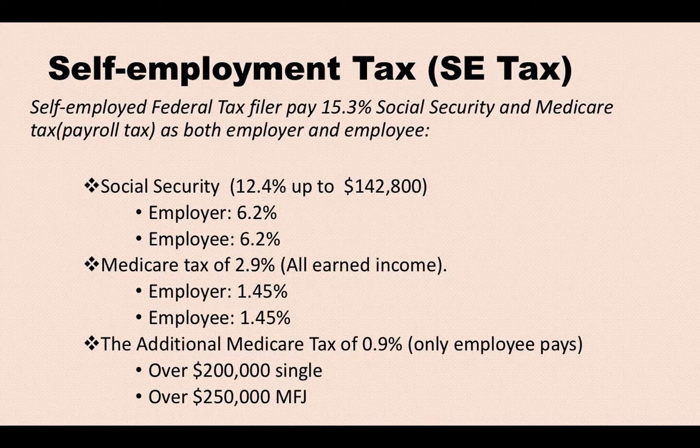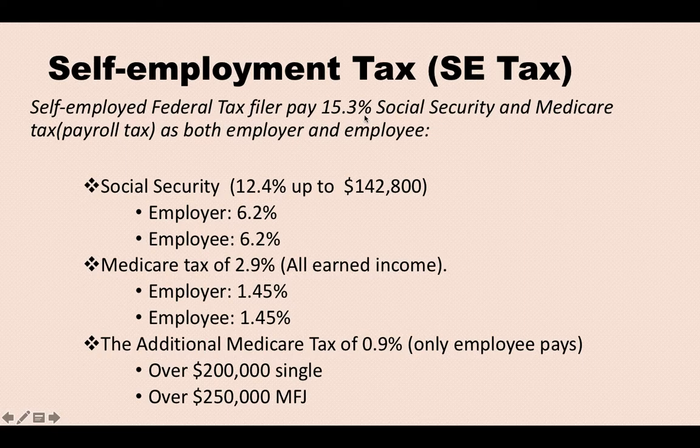So basically, that's self-employment tax. That's how much you're going to pay, 15.3%. However, the IRS actually gives some deductions, some exclusions for the self-employed, so you are not exactly paying 15.3%.